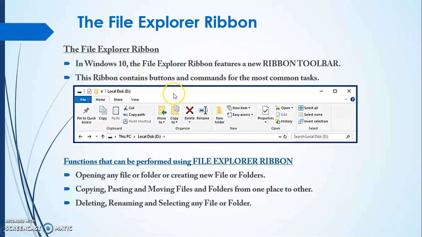You can move any file or folder to any destination you want. You can delete, you can see this cross button. Rename means to change the name. So these are the many functions you can perform using the File Explorer ribbon.